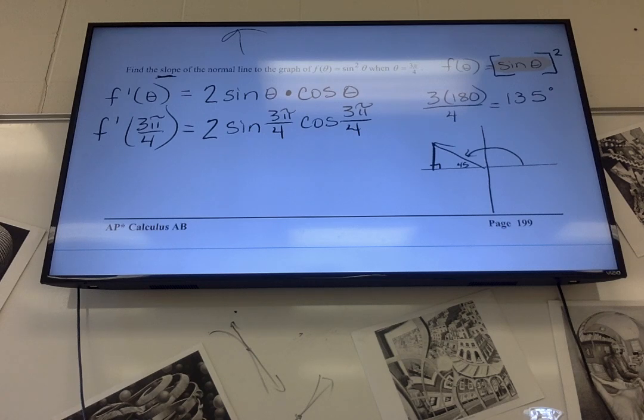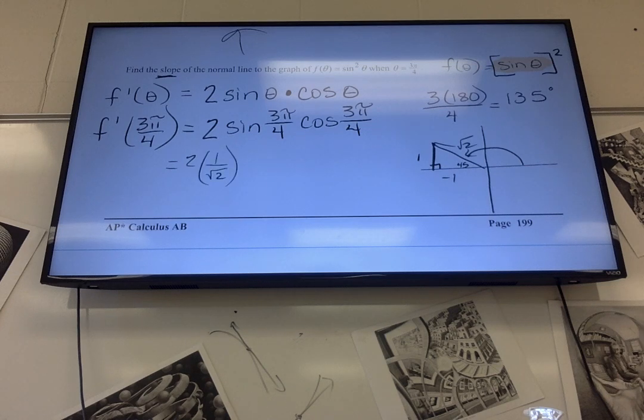So how do the sides go? 1, 1, square root of 2. And since it's to the left, I'm going to make it negative 1, positive 1, and the hypotenuse is always positive. So sine is opposite over hypotenuse. That's 1 over the square root of 2.